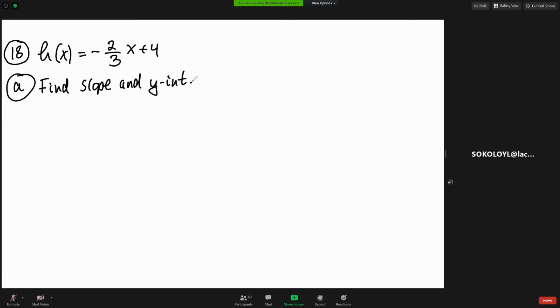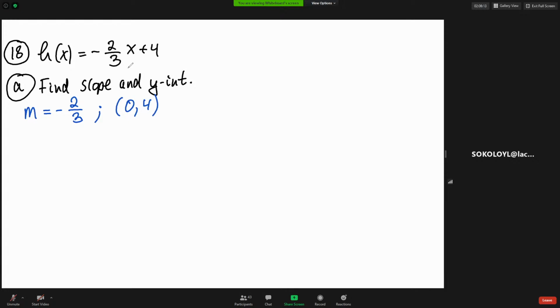So we identify that this is a linear function because of the format, mx plus b. And from here we can tell that the slope, m, is just the coefficient, -2/3, and the y-intercept is the point 0, 4. So that would be part A.